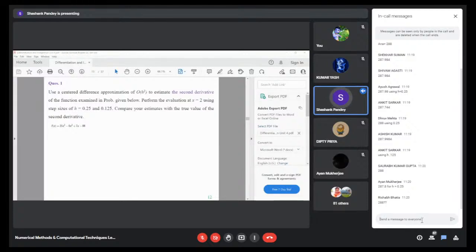You can go back to the formula in case you want to refer to that and give the answer. Rishabh has given. Saurabh Kumar Gupta has given. Ayan has given. Okay. So Ayan, you tried for 0.125 also. Saurabh, you also tried for the 0.125. Yes.